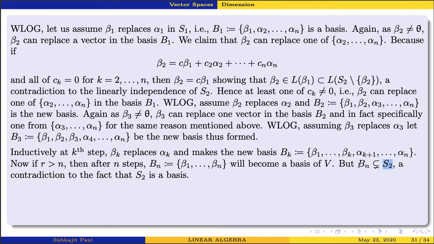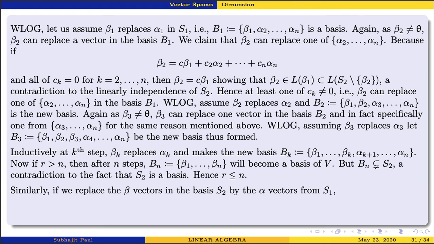So Bn will be a proper subset of S2, a contradiction to the fact that S2 is a basis, because by the replacement theorem, Bn will also become a basis. That means it will generate V, and it is a proper subset of S2 which is generating V. That is a contradiction to the fact that S2 is a basis. So R cannot be greater than n. R is less than or equal to n.